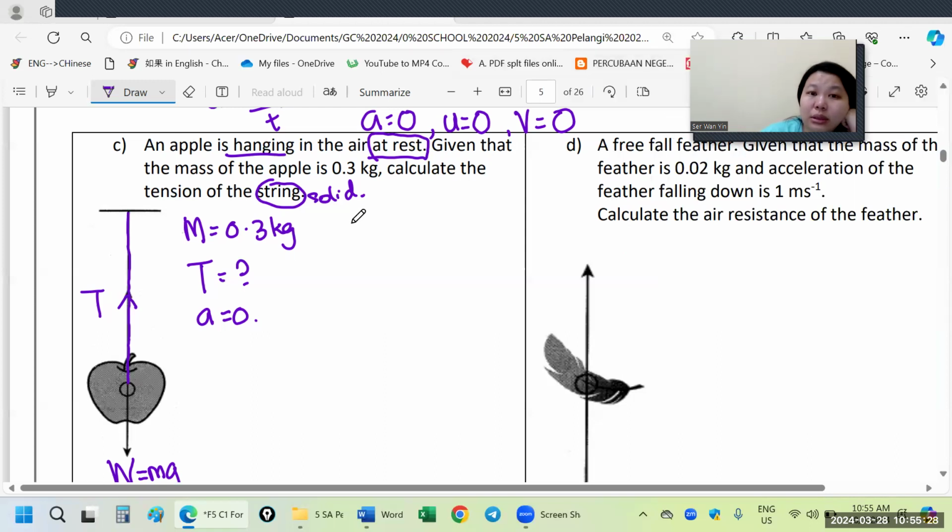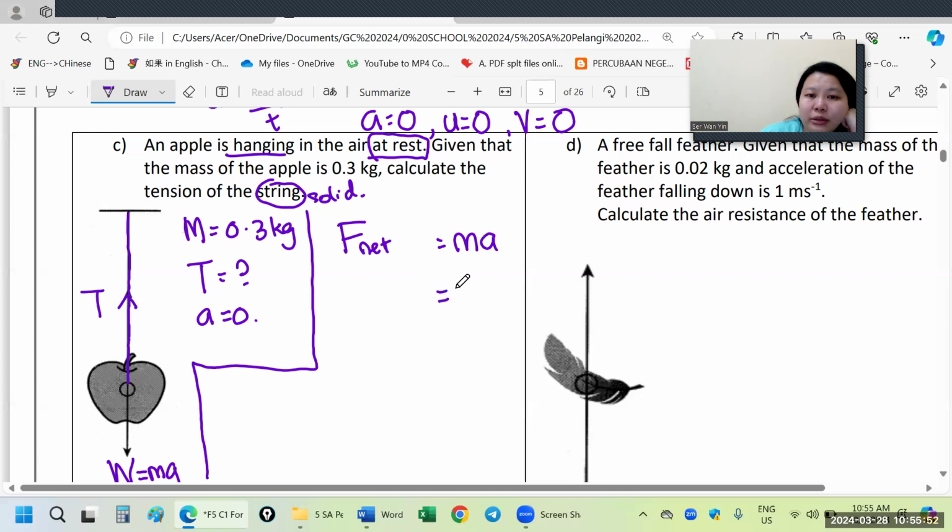Okay, so now, what is the formula we use? Since we have force, mass and A, you only have one formula to use. Net force equals MA. So M we already know is 0.3.